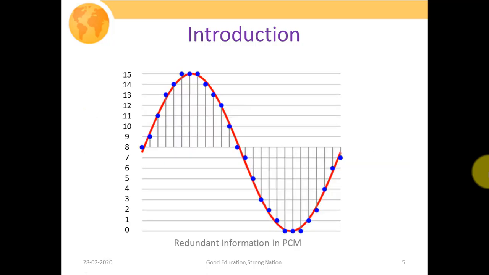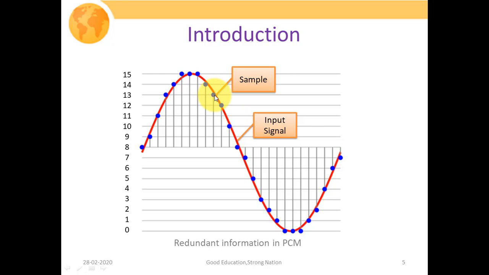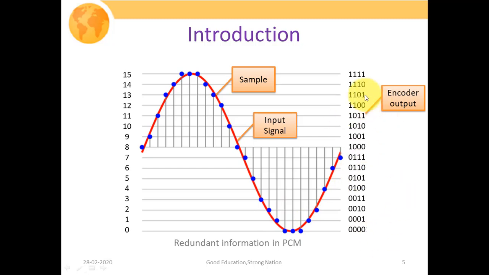Whatever we have studied so far, let us try to understand it with this figure. Let us consider this sinusoidal signal. Here this orange color wave shape actually shows our input signal. Then the sampled version, or sample values, of this signal are given by these blue color dots. This basically represents the encoder output.